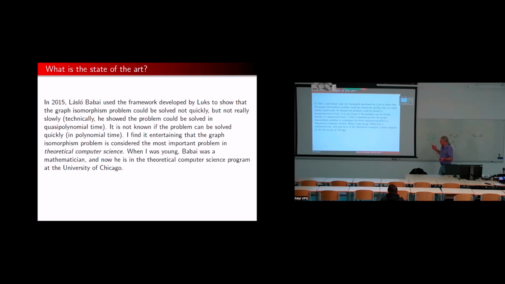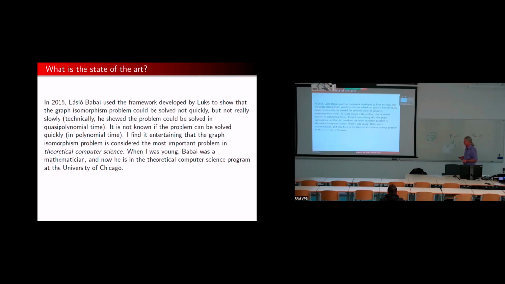So one thing that I find very entertaining about this is when I was a young man, I met Babai, and he was not at the University of Chicago, and he was a mathematician. And this was a very famous result of Babai's, it was written up in the scientific media, not just in journals. And in all of these news reports, they would talk about how this was the most important problem in theoretical computer science.